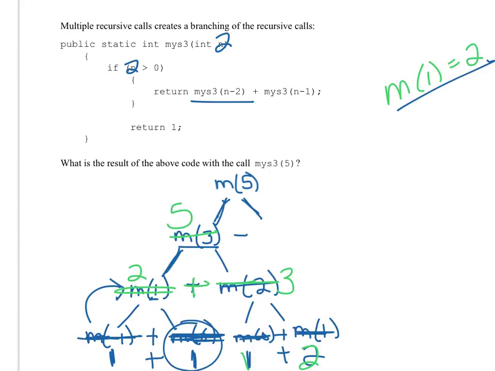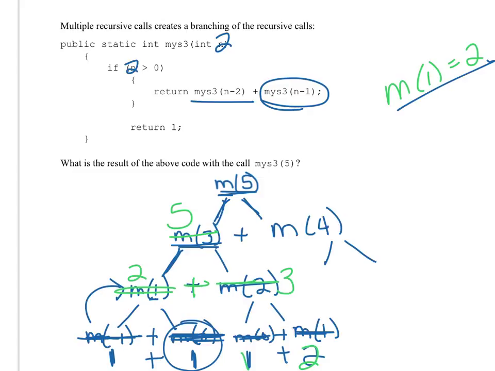Okay, so we add. We have to now figure out what we add when we're doing M5. So M5 has to finish out. It has to do this mystery call for M5 now. So that mystery call for M5 is M4. And M4 needs to also have 2 branches off of it.